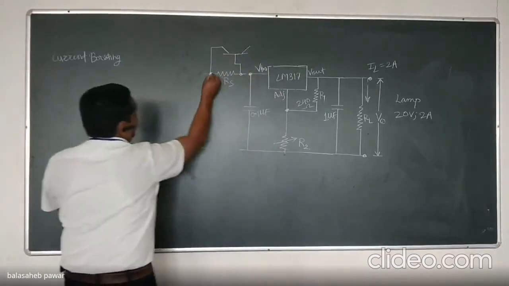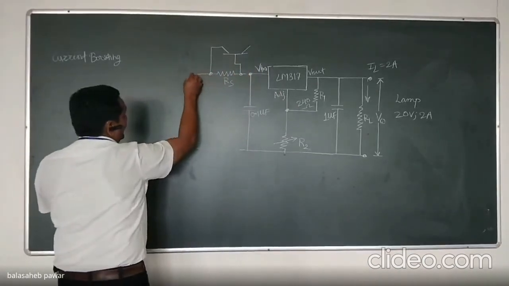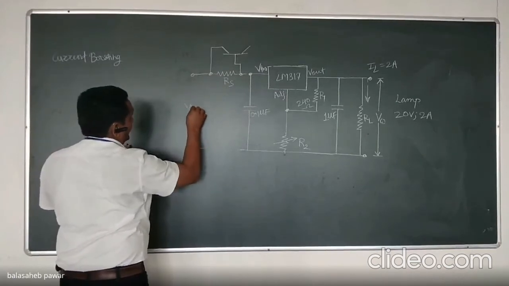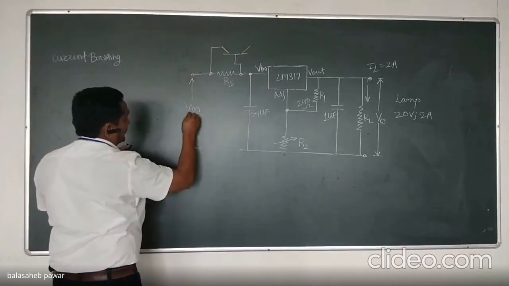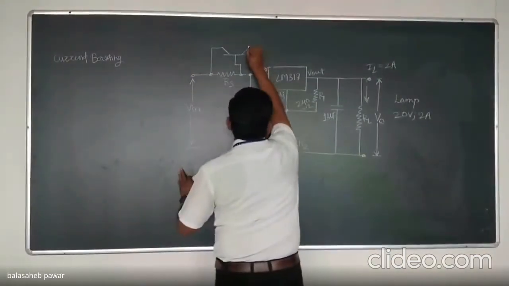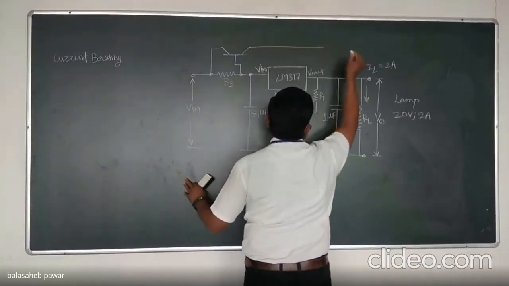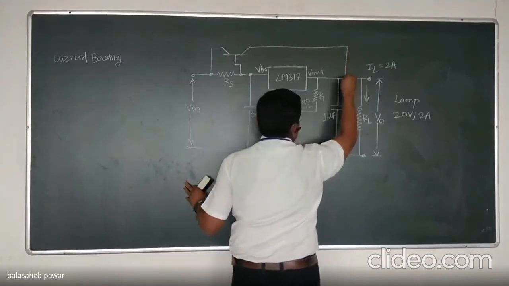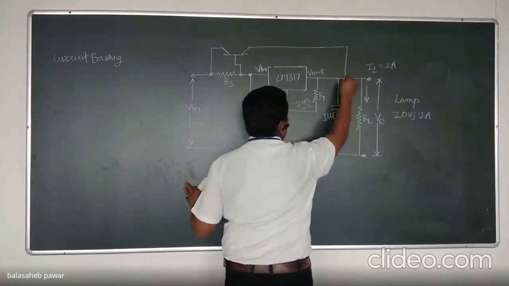Okay, and here we will apply our unregulated input voltage. Vin unregulated will be over here, and the output of this transistor I will connect to the output terminal of our regulator IC, like this, so that there will be a node.